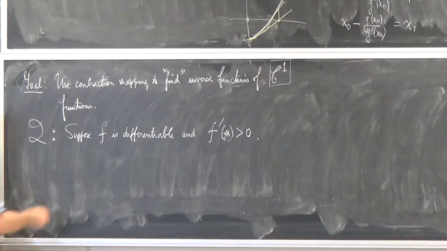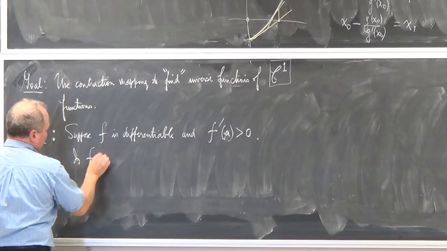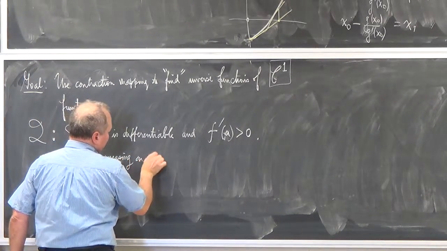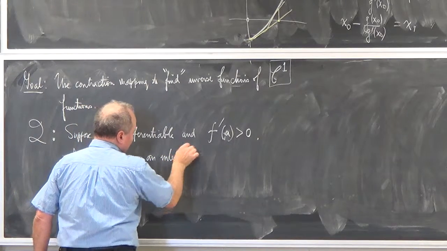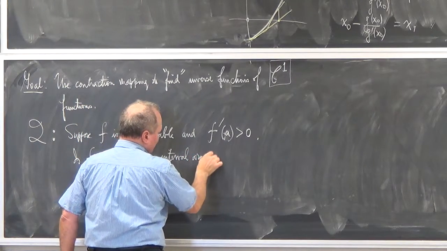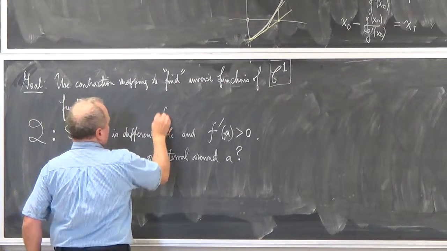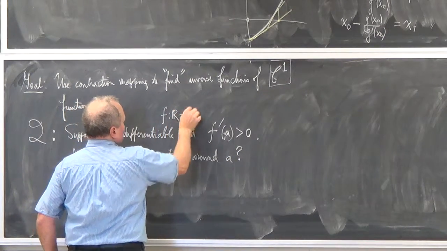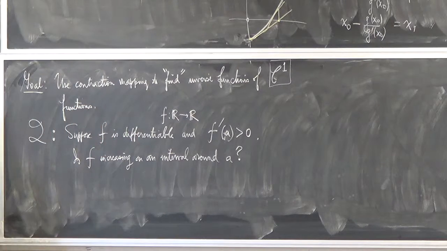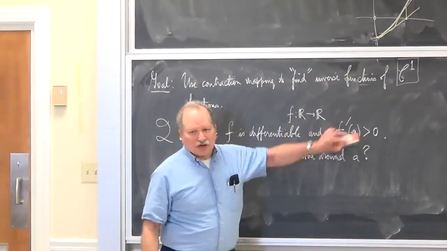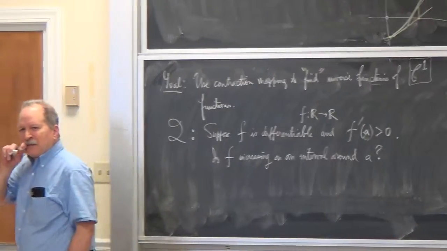Is f increasing on an interval around a? Here I'm just doing real-valued functions of a real variable, no vectors. So go back to Calc 1. Think to yourself, I'm headed uphill. Am I increasing nearby?